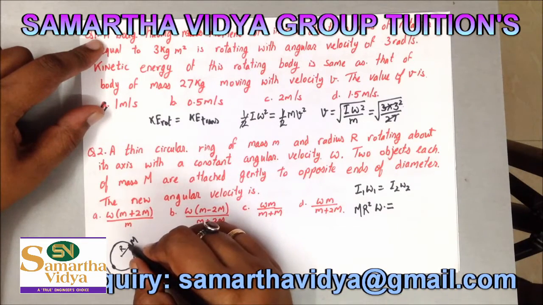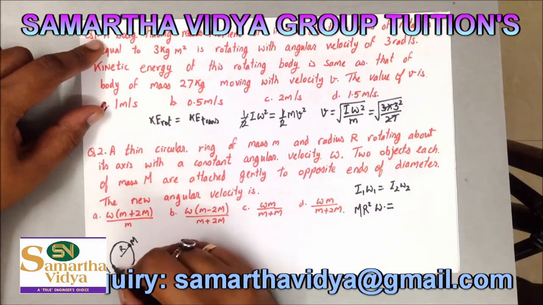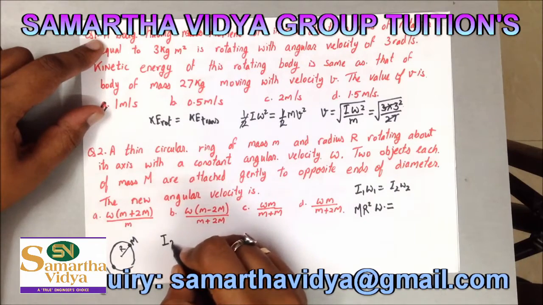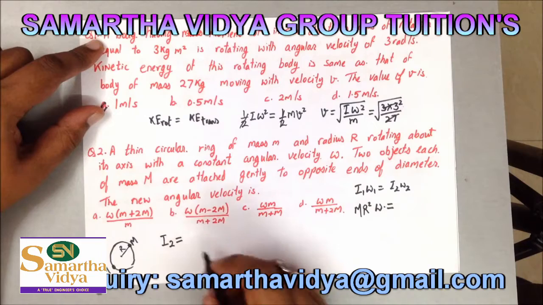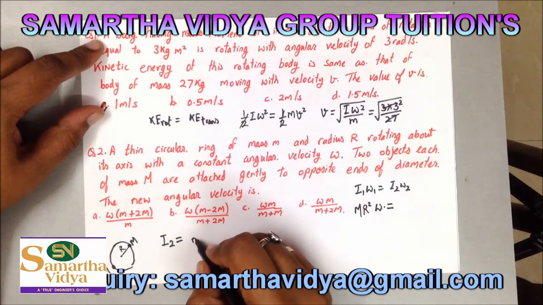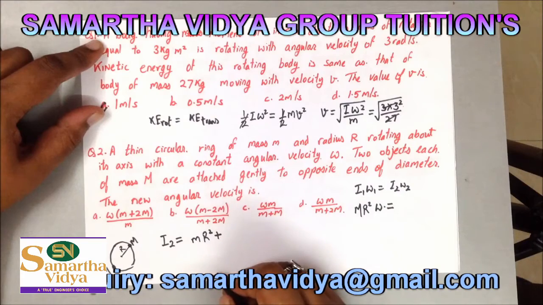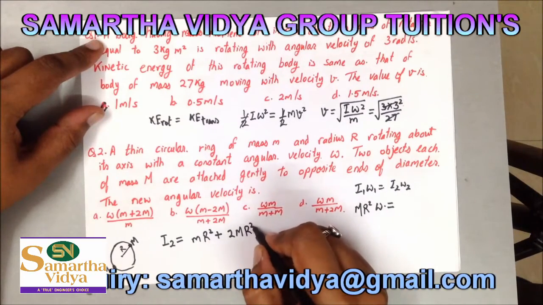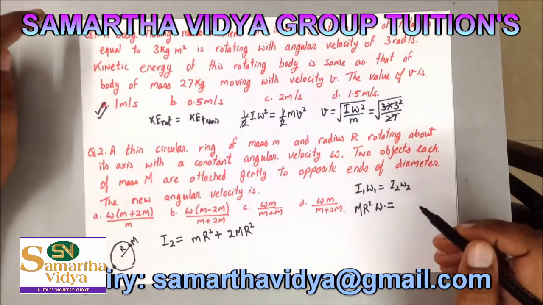So the moment of inertia of this mass is going to be M r square, and about this mass is also going to be M r square. So the total moment of inertia after it is attached is going to be small m r square, which is the ring, plus capital M r square, so 2 times capital M r square. So this is basically the concept over here.